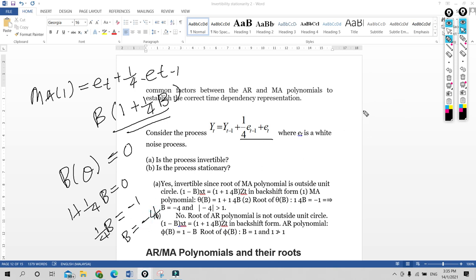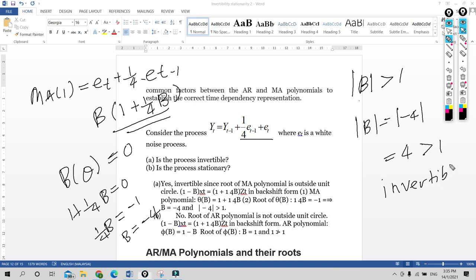The condition for invertibility is that the absolute value of L, or the absolute value of the backshift B, must be greater than 1. For this case, the absolute value of B is the absolute value of negative 4, which is equal to 4, greater than 1. Then this data is considered invertible.